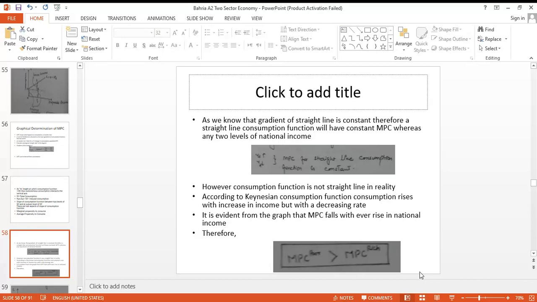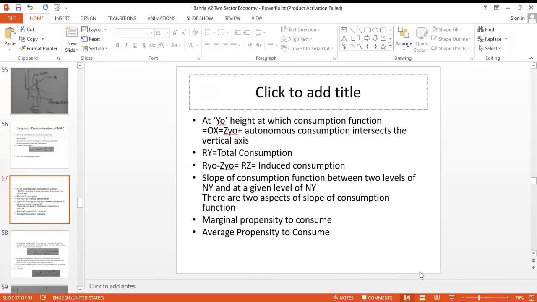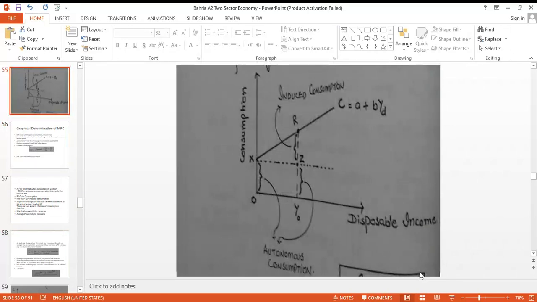In this example we have assumed that the consumption function is linear. Please keep in mind, linear consumption functions will have constant marginal propensity to consume. I repeat, they have constant marginal propensity to consume.